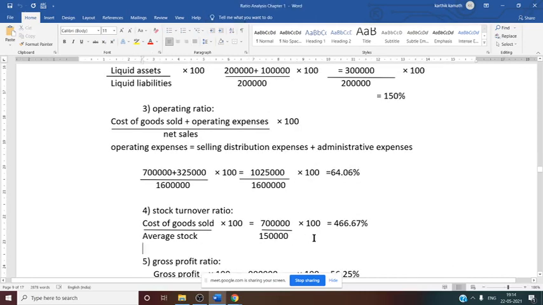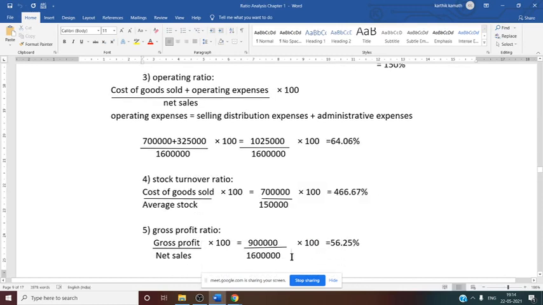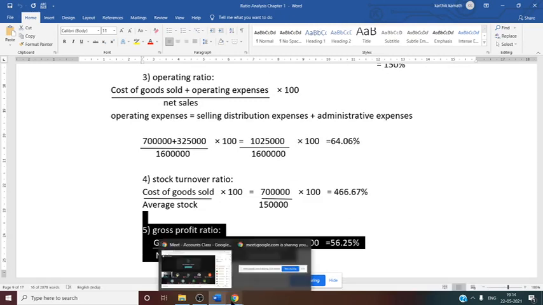So stock turnover ratio is 7 lakh divided by 1,50,000 into 100, that is 466.67%. In terms of ratio, that is 4.6:1. That is the stock turnover ratio. Next, gross profit ratio. The gross profit ratio is gross profit divided by net sales into 100.